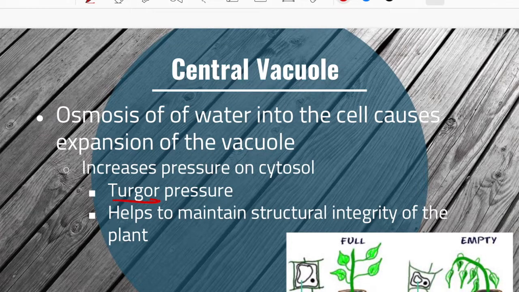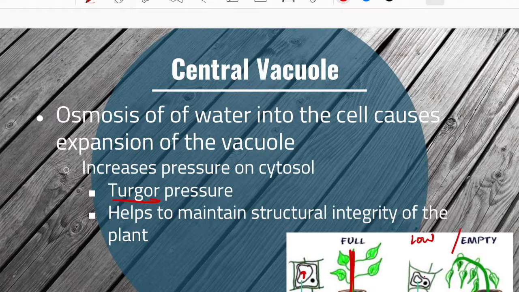And it just literally, when the vacuole is full, it is pushing on the cell wall and it's giving the plant greater structure, and you see it standing up. When it is empty, or I don't even like the idea of empty, but it could just be low, it could still have water in it.